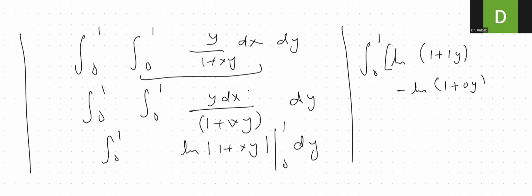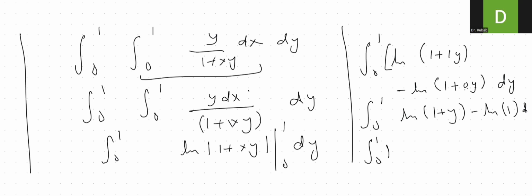So the result will be natural log of 1 plus y minus natural log of 1, because 0 times y becomes 0. Natural log of 1 is 0. So we are left with only natural log of 1 plus y. So I will integrate this now.